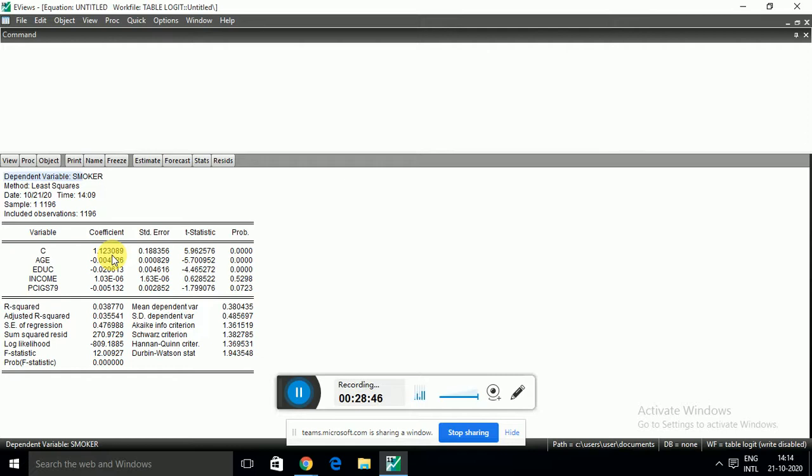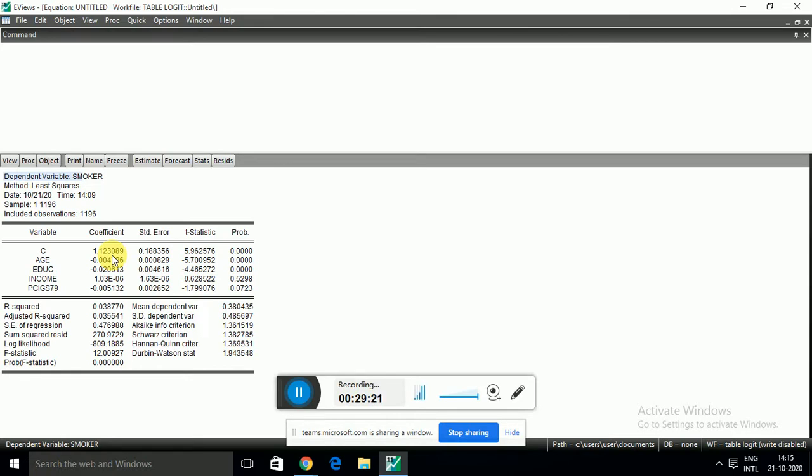The other problem with this model is that because y takes two specific values, 0 and 1, the error terms are heteroscedastic. What is my original model? The original model is y equal to beta x plus u, where u is the error term. So the error term is y minus beta x, where x is all the explanatory variables.